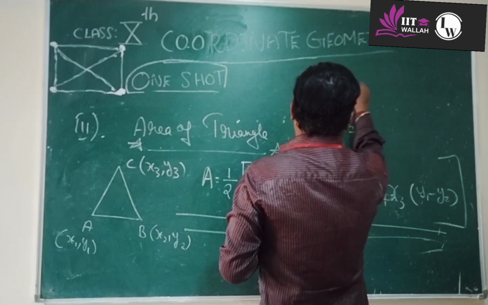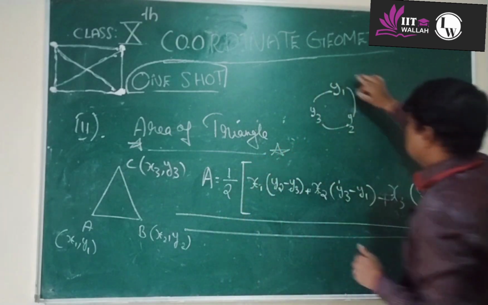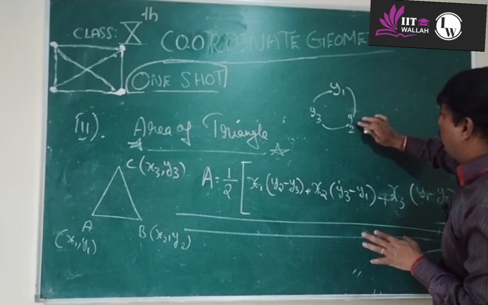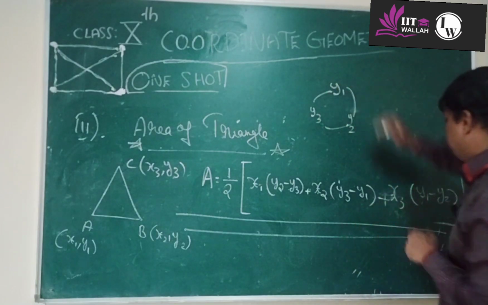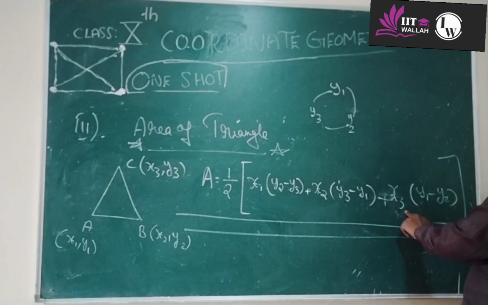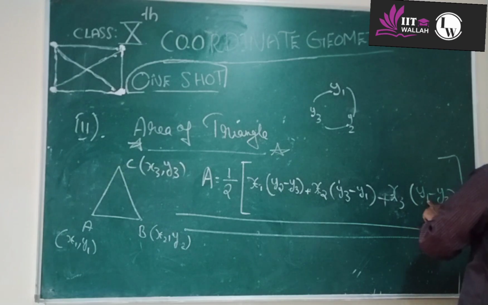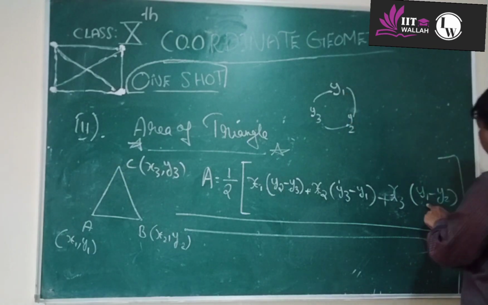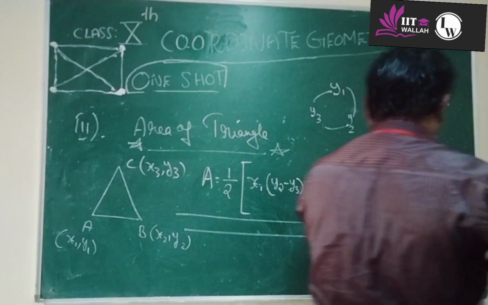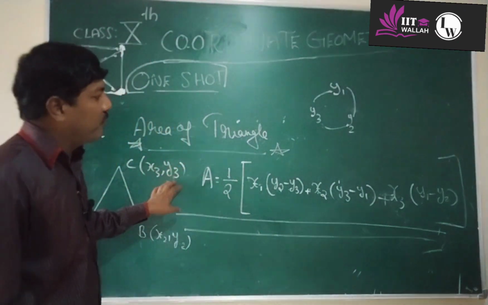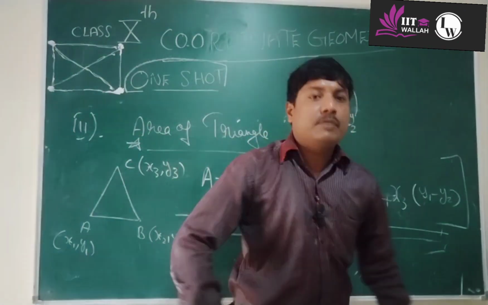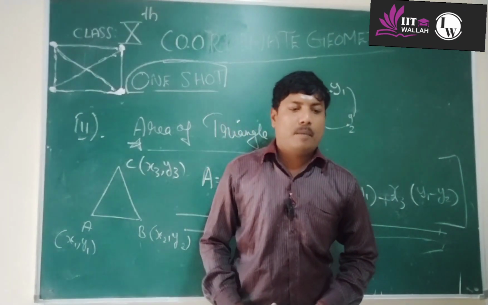So after y1, y2; after y2, y3; after y3, y1. So x3 into y1 minus y2. Okay, understood? Using this formula, we can solve a lot of problems.